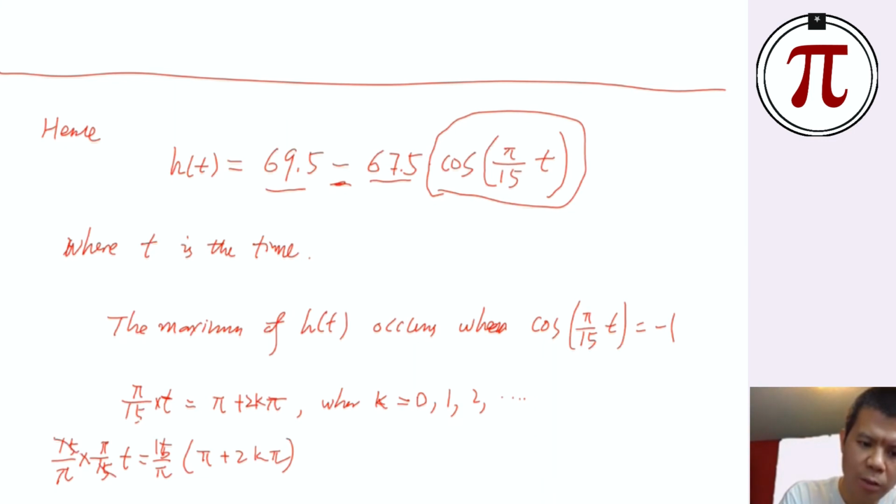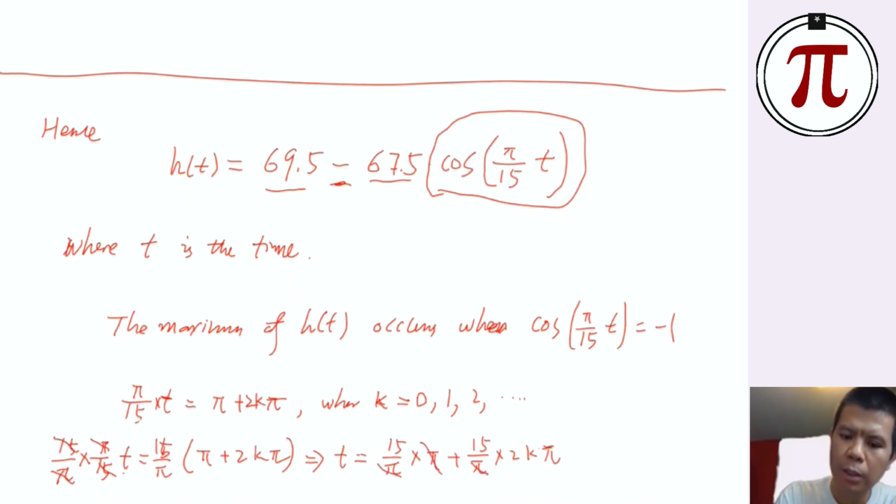Here 15 and 15 cancel out, pi and pi cancel out. That's just t, right? Equals 15 plus 15 over pi times 2k pi. Now pi and pi cancel out.